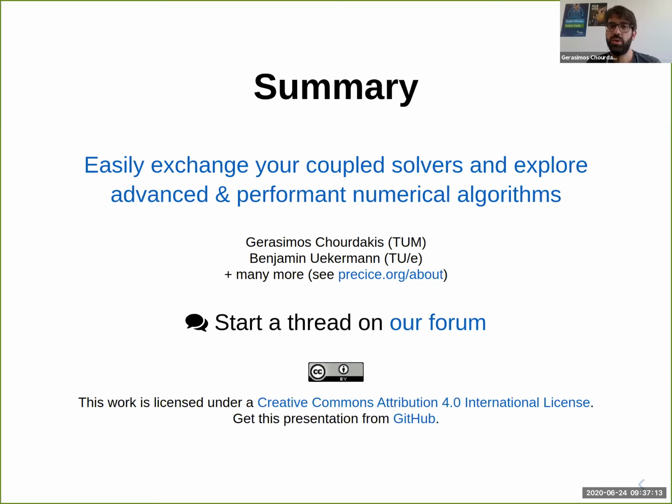And this is the IP address of the other participant. This means that you can essentially run the two participants in any two systems that can communicate through the network or through the same MPI communicator.